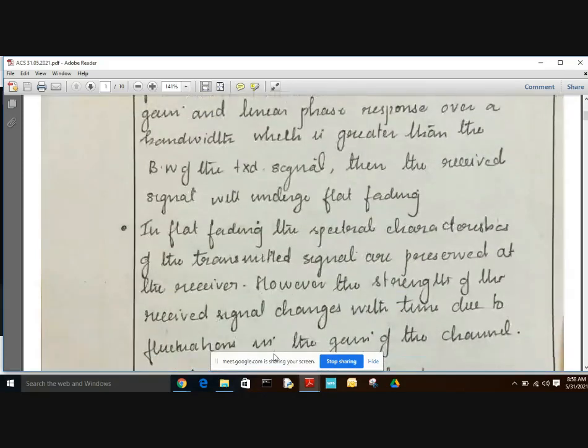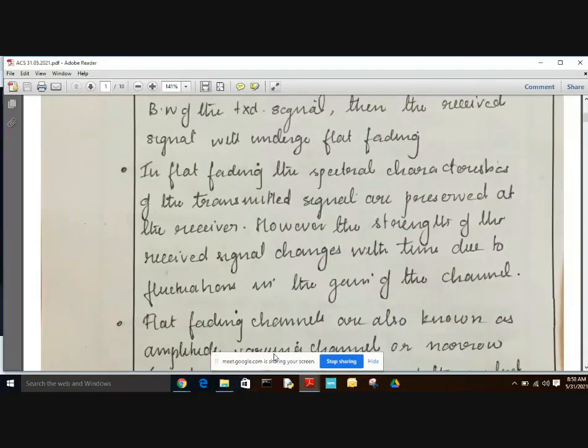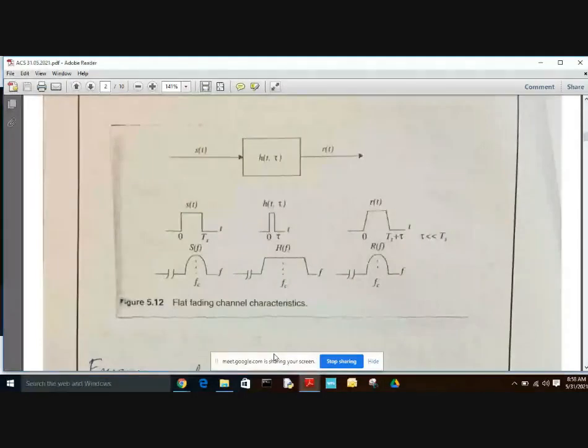Here in flat fading, the spectral characteristics of the transmitted signal are preserved at the receiver. Here we can see the figure which shows the flat fading channel characteristics. Here S of F is the transmitted signal and R of F is the received signal.